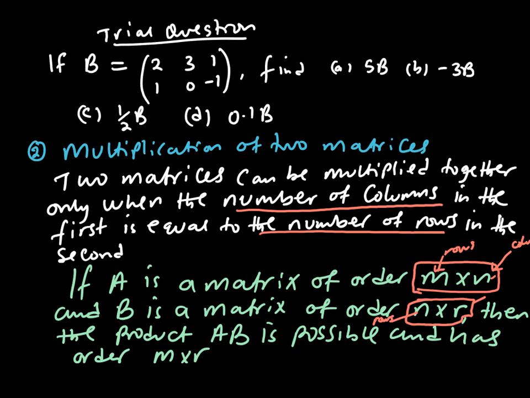When you look at this, this is n and this is n. Therefore, it is possible for us to multiply these two matrices, and the order of the matrix we get will be m by r. So let's look at an example and see how we multiply two matrices. And remember, when you're multiplying matrices, you multiply row by column.